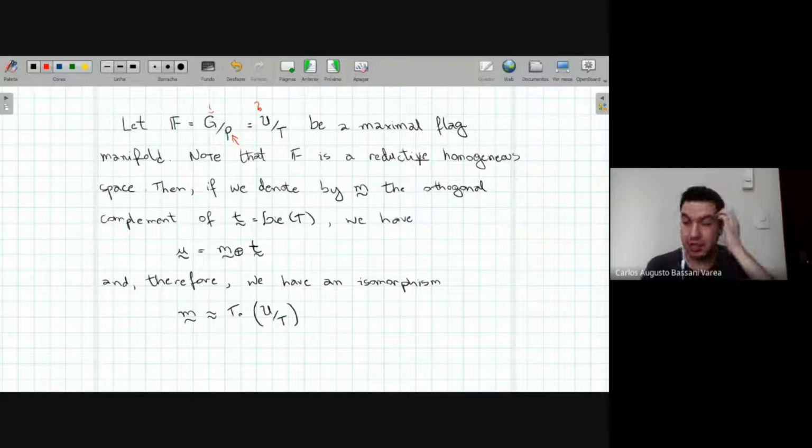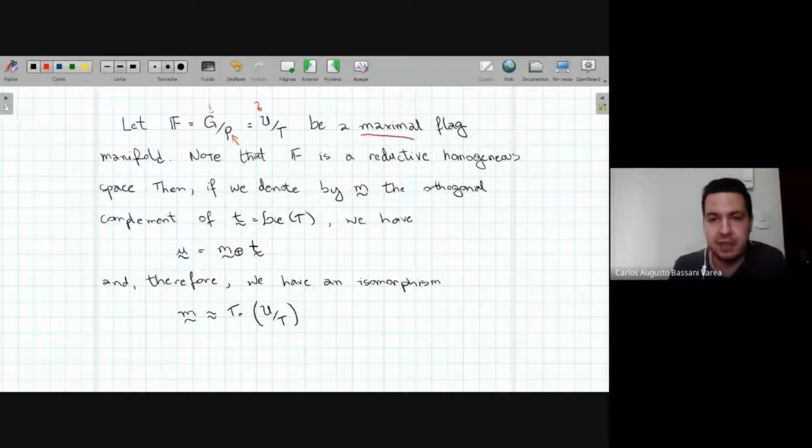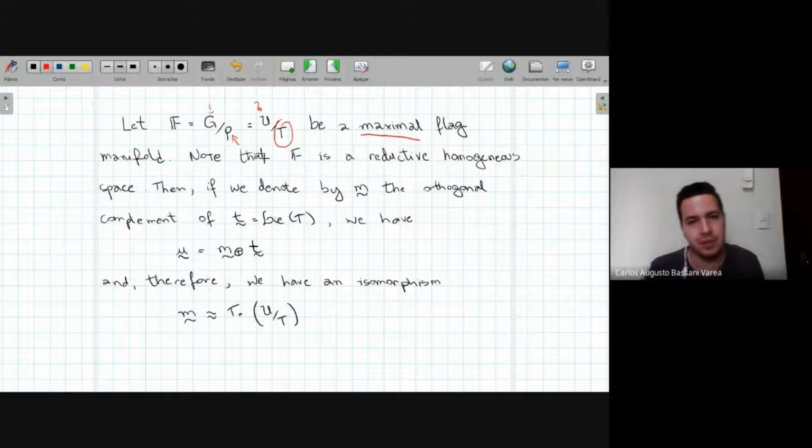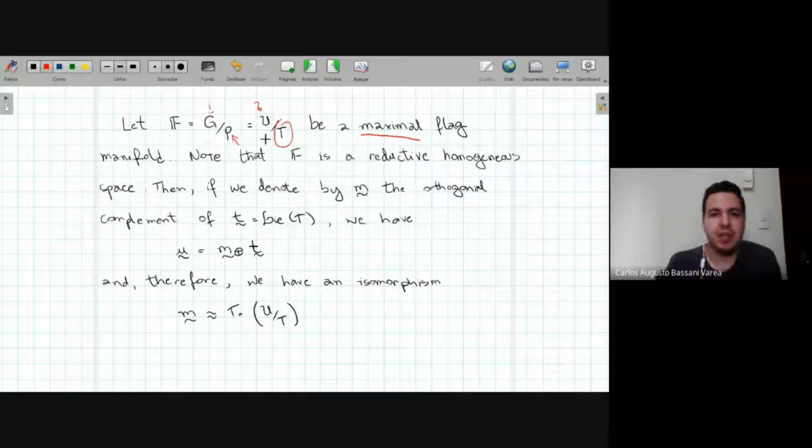Remember that we are considering only maximal flag manifolds here. This is why we have this maximal torus here. Well, we also saw that since U is compact, the flag manifold is a reductive homogeneous space.